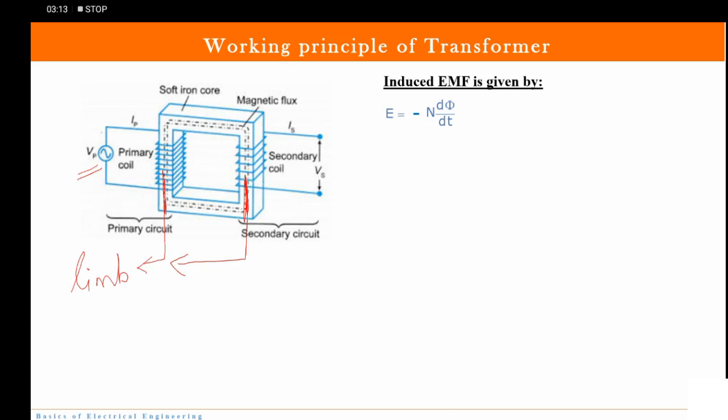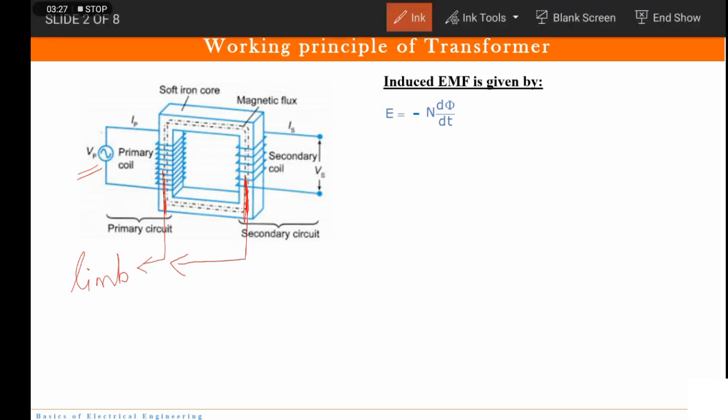Fine. And this flux, or to be precise, magnetic flux, starts traveling. So whatever path it gets, it travels through that path. So the path is shown here.